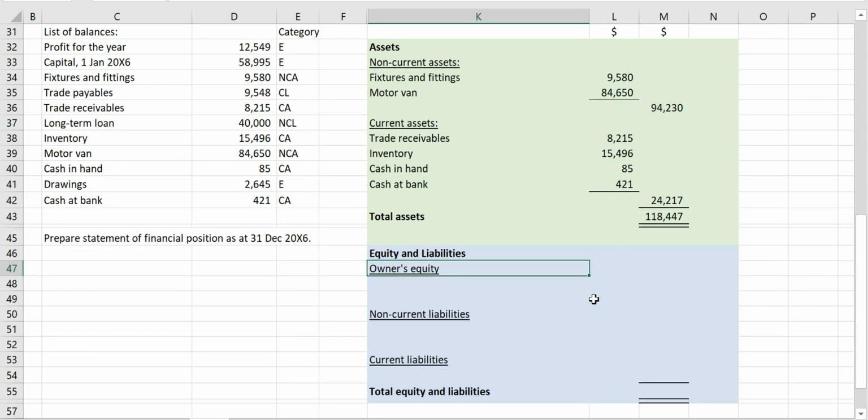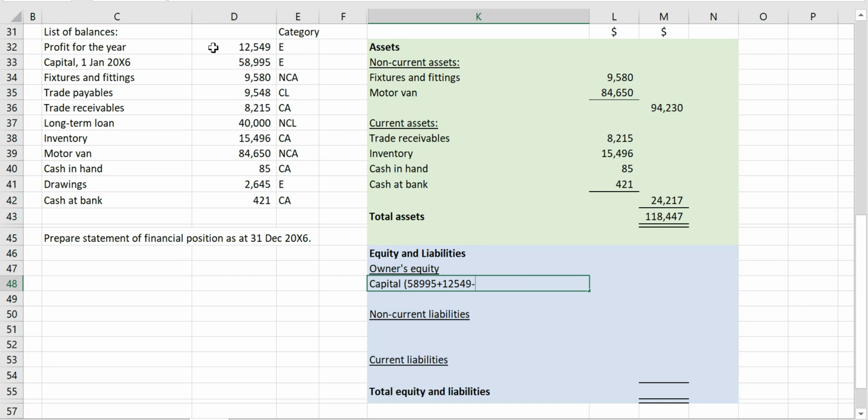Now we come to the equity and liability section. Under owner's equity, there's only one term that we use, capital, which consists of the beginning capital of 58,995, add to the profit that you earn for the entire year, 12,549. If it is a loss for the year, then it will be a reduction of your capital, so it will be minus. But in this case, because it's a profit, we add.